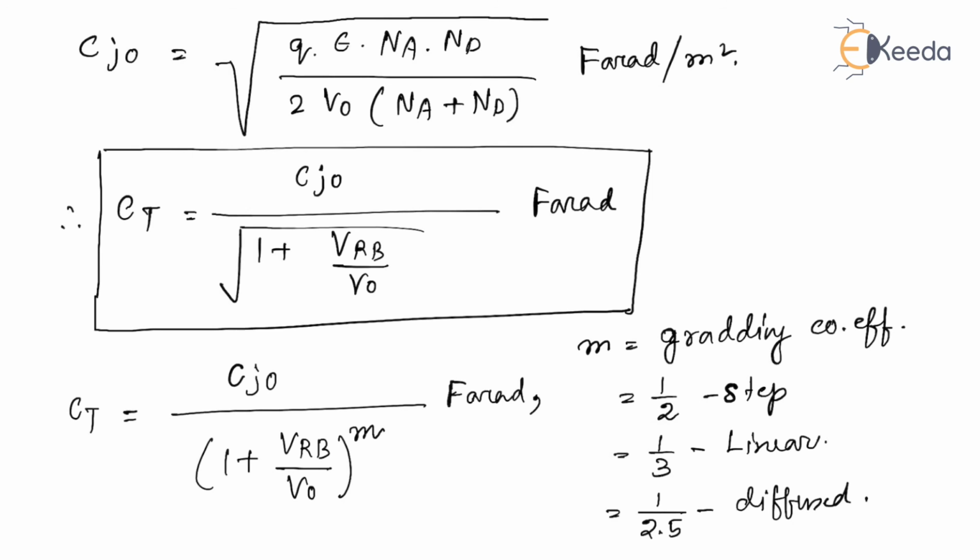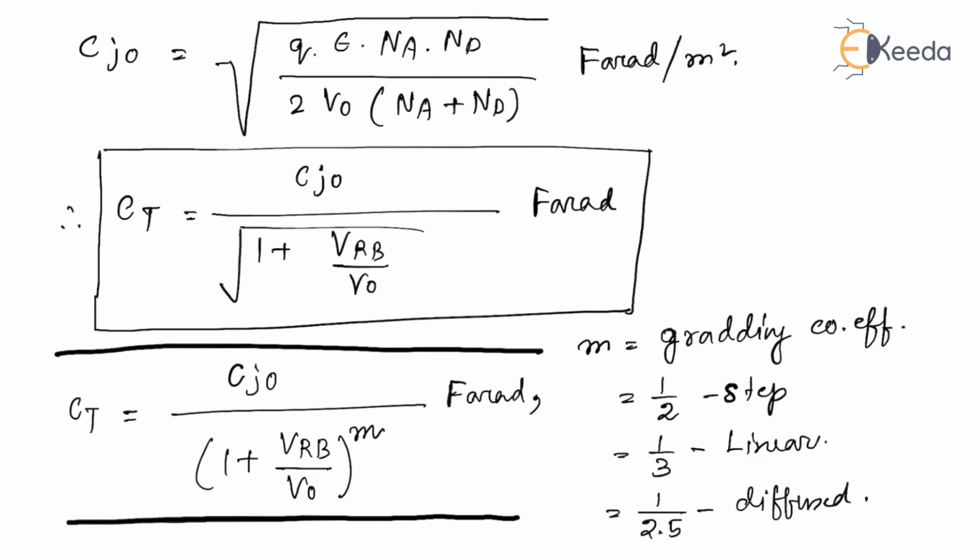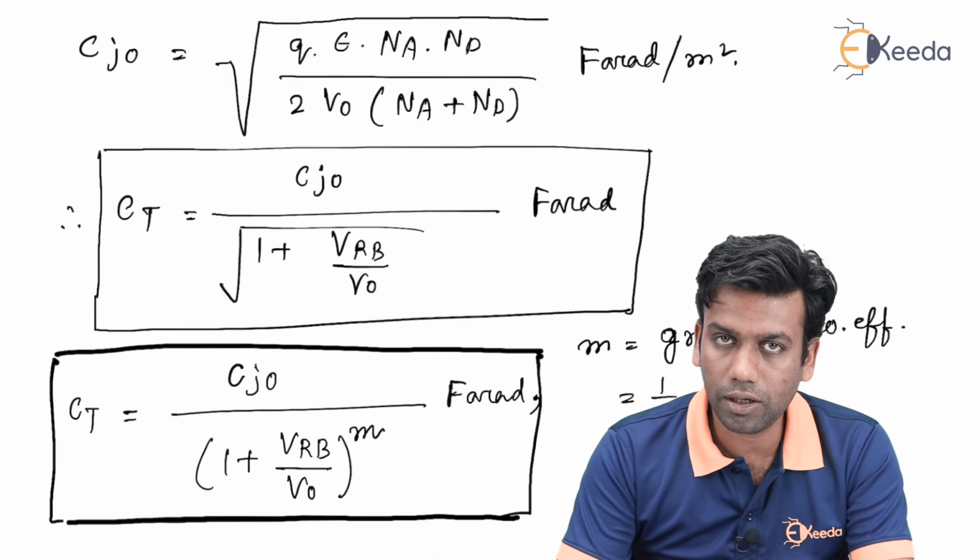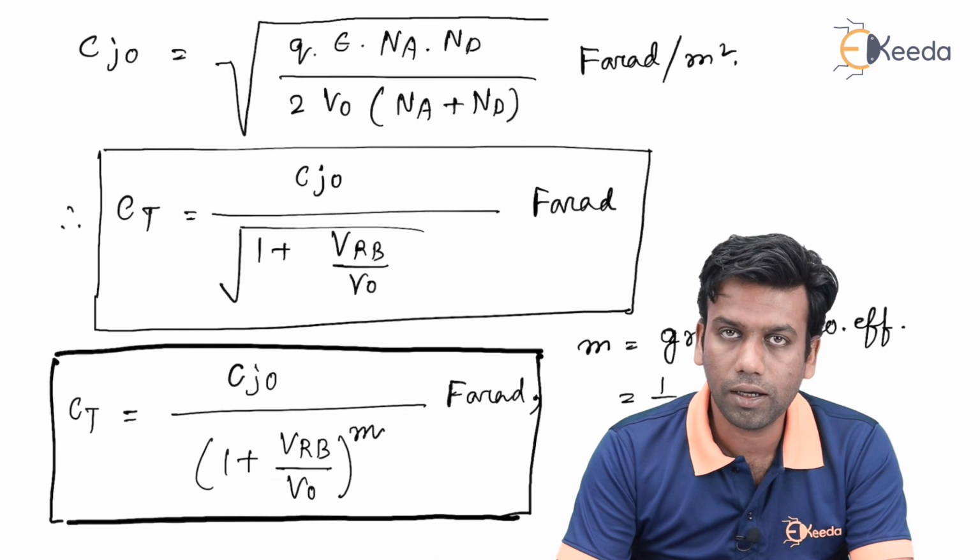Hence, in this way, by this equation, we can find the value of the transition capacitance of a diode in a reverse bias mode. So, this is all about the diffusion capacitance of the diode inside the forward bias section. Thank you.